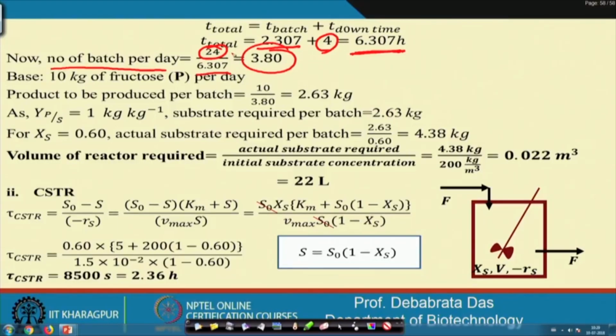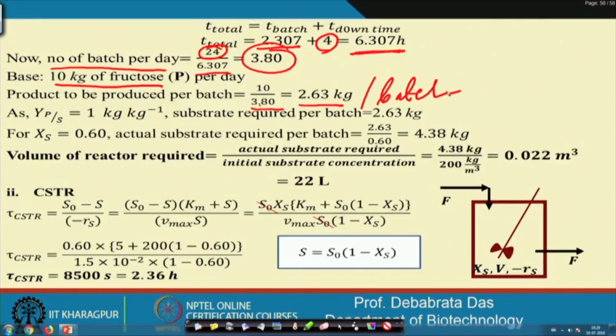The number of batches we can operate per day is 3.806. Now, our basis was 10 kg of fructose to be produced per day. That means per batch we can produce 10 divided by 3.8, that is 2.63 kg. This is what we shall have to produce per batch.